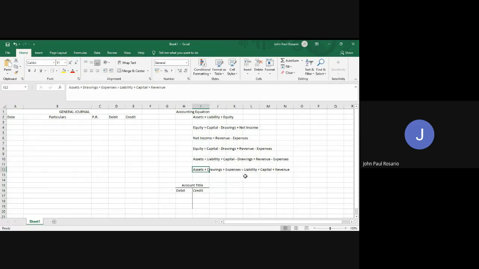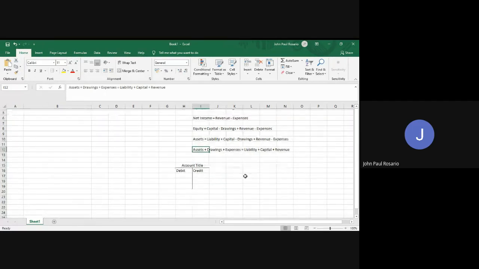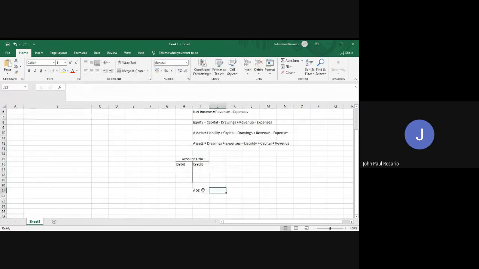So everything on the left side, A, D, E, when it increases, is a debit. Then L, C, R, liability, capital, revenue, when it increases, you credit it. So with that, if the increase is a debit for assets, drawings, and expenses, what happens when there is a decrease in assets? A decrease in assets is a negative asset, and to make it positive you move it to the other side. So the decrease in assets, drawings, and expenses would be credited, while a decrease in liability, capital, and revenue is a negative liability, so we move it over here and it becomes a debit.